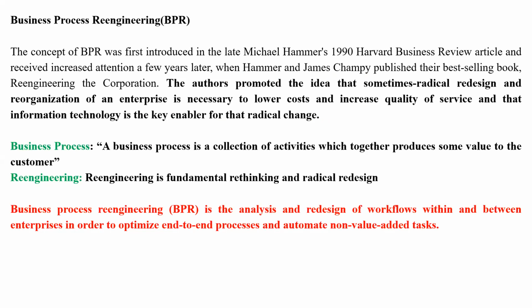The authors promoted the idea that a radical redesign and reorganization of an enterprise is necessary. It means organizations have to redesign and reorganize the entire organization structure to lower the costs and increase the quality of services.